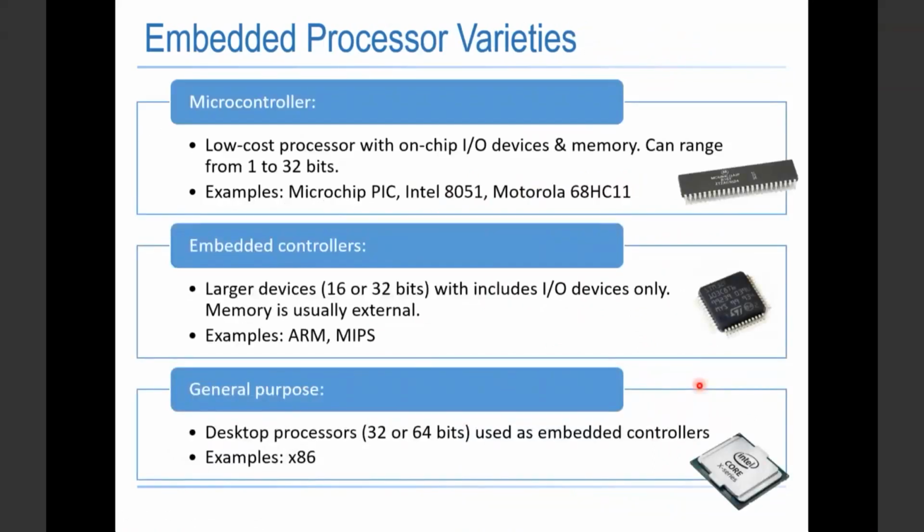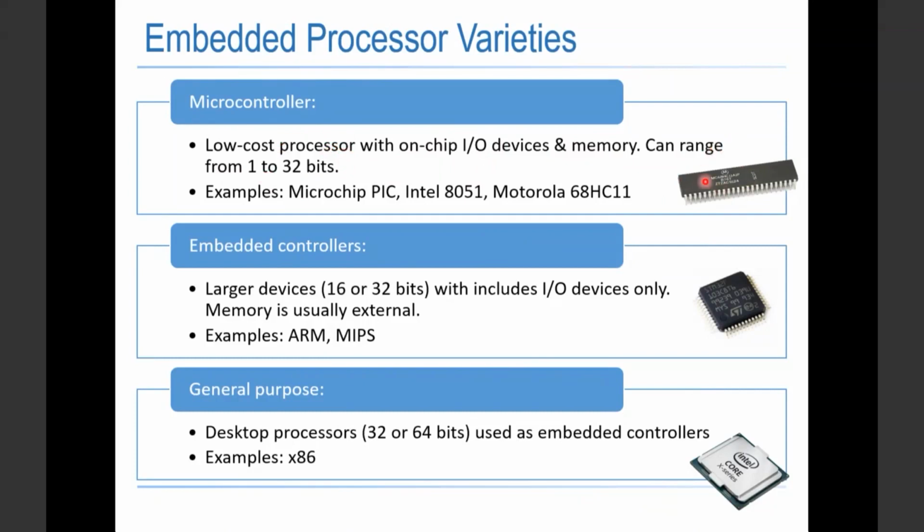Then this embedded processor can be divided into three varieties. The first one we call a microcontroller. You always use the microcontroller; you already learned about it. It is a low-cost processor with on-chip I/O devices and memory. It can range from 1 to 32 bits in memory size and data register size.